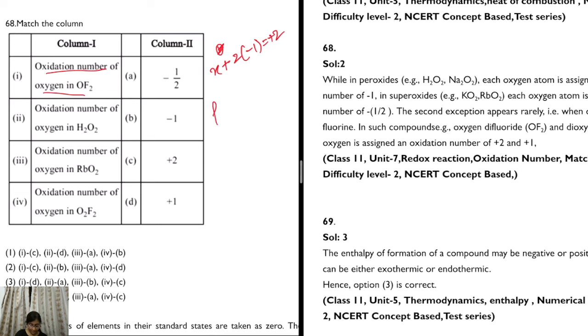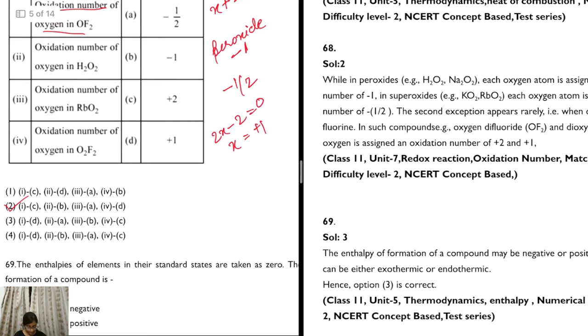In H2O2, it is a peroxide, and in peroxide it will always be minus 1 for oxygen. In RbO2, see, it is a superoxide, so it would be minus 1 by 2. In O2F2, again it would be 2x minus 2 equals 0, so x would be equal to plus 1. So this would be the correct answer.